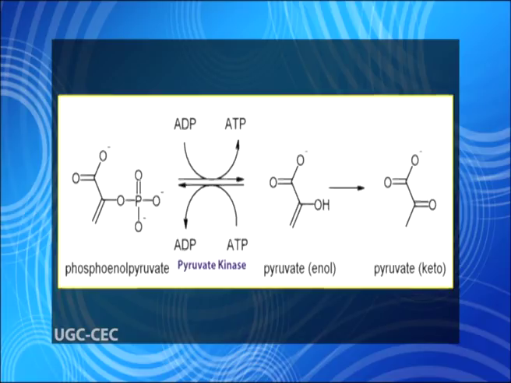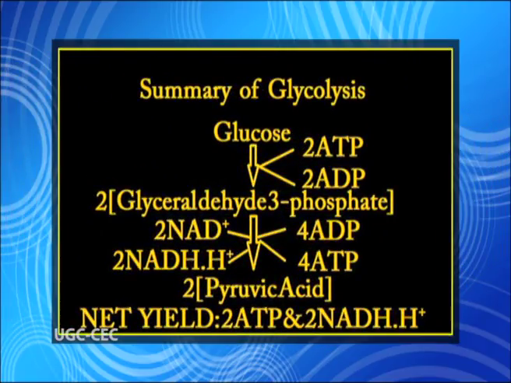of glycolysis. If we summarize the steps of glycolysis, we find there is use of 2 ATPs and then release of 4 ATPs. This causes a net release of 2 ATPs.